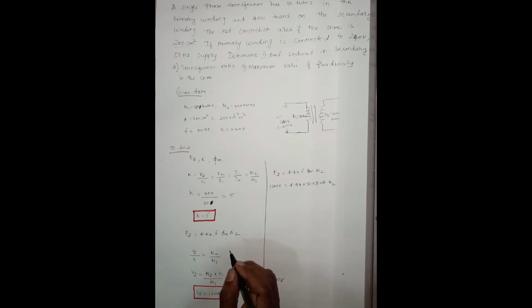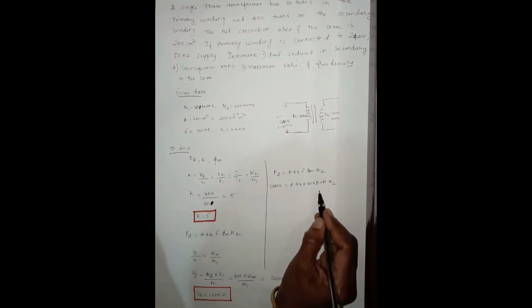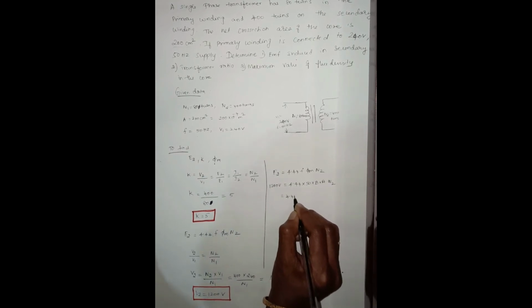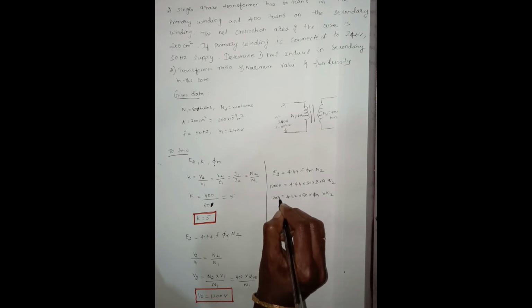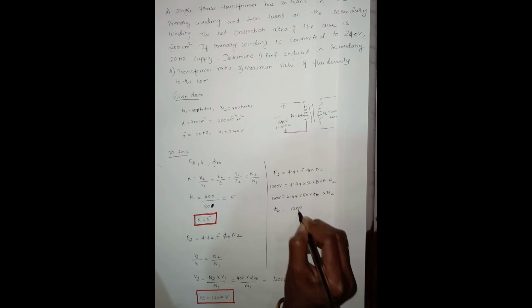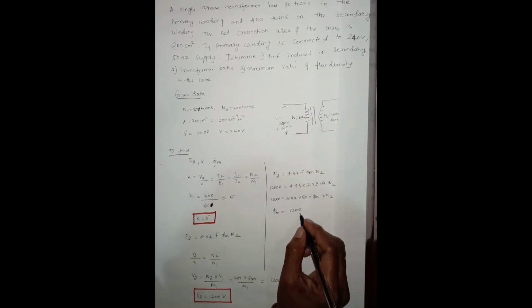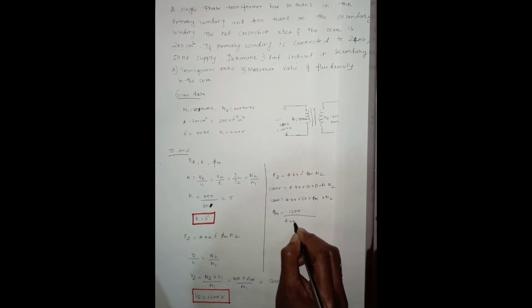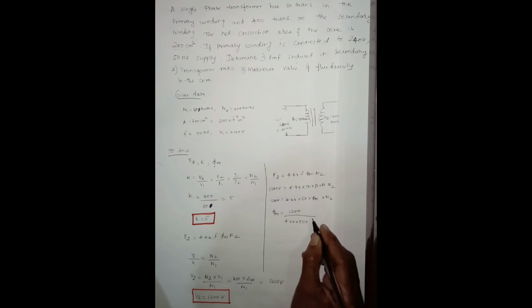Okay, how to find this one? No need, we have found this. Therefore, 4.44 into 50 into phi m into N2 is 1200 volts. Therefore, from this you can find phi m. Phi m is 1200 divided by 4.44 into 50 into N2.